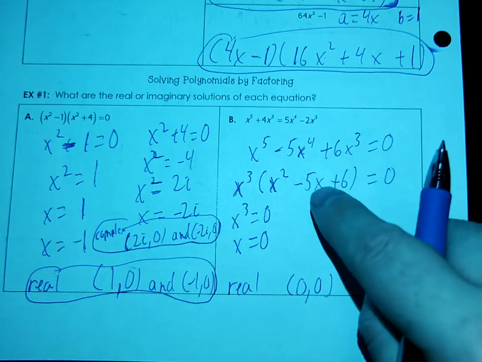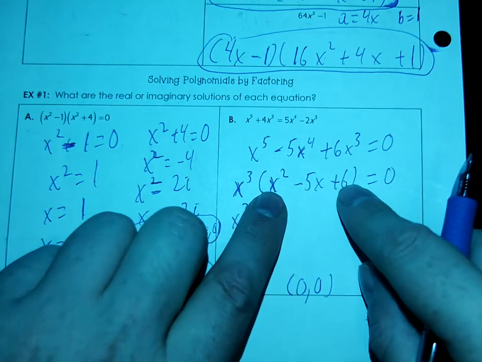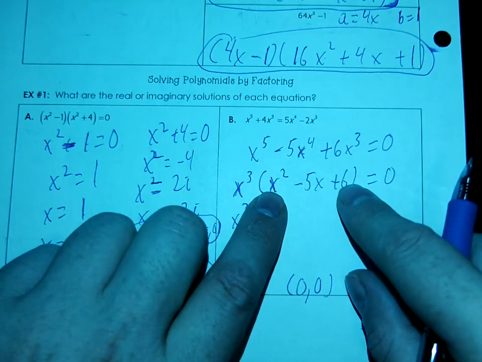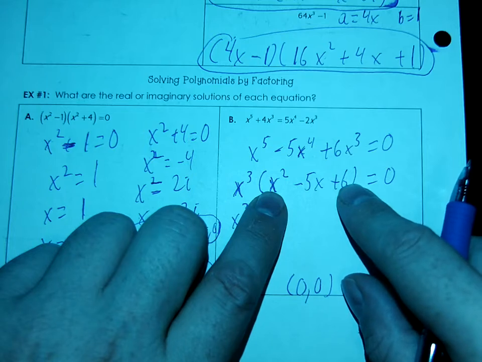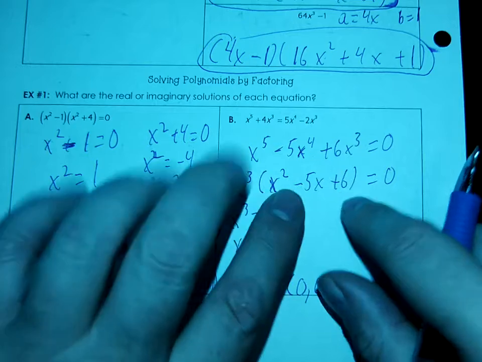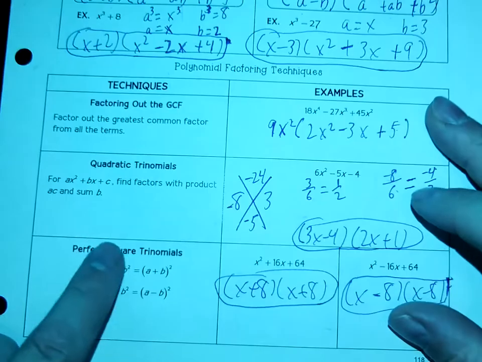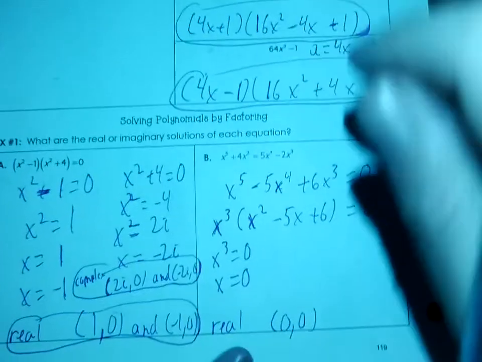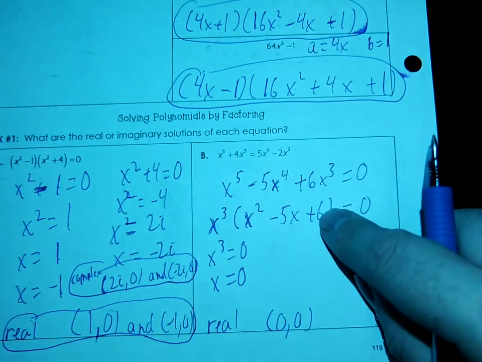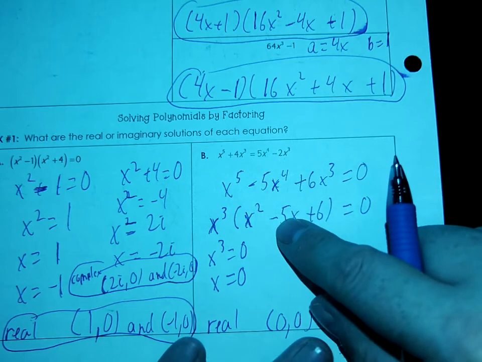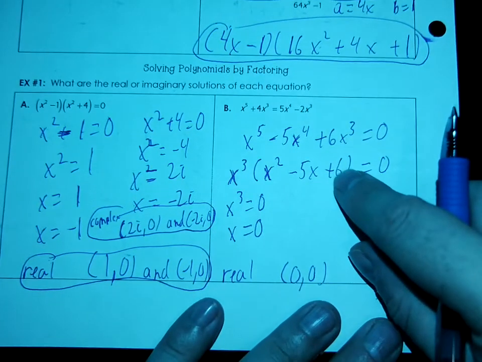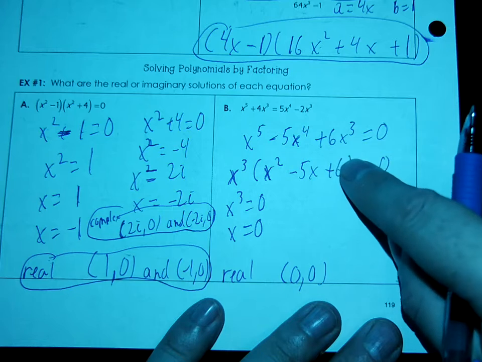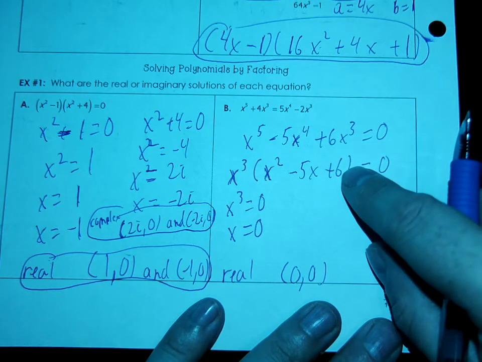Now the x squared part here, I'm going to attempt to factor this with either the quadratic trinomials or the perfect square trinomials. I've noticed here that this 6 can be divided into a 3 and a 2 to make a 5 if they're both negative, and it will still multiply to a positive 6. I'm not going to use 6 and 1 because the 6 is positive.